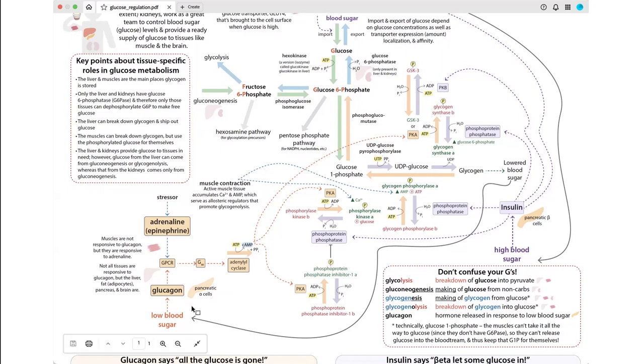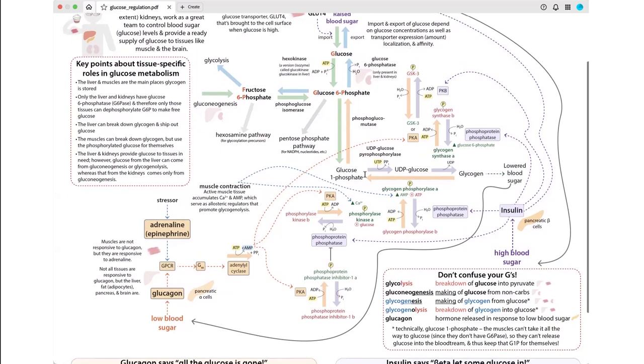This could be because we have low blood sugar and we get the glucagon signal in our liver, or in our muscle cells, we've got adrenaline, we want to move, all that good stuff. In both of these cases, we're going to want to break down glycogen, that is, do glycogenolysis. We're going to want to inhibit what we did before, so we want to inhibit our glycogen synthase, and we're going to want to activate glycogen phosphorylase, which is able to break down the glycogen to give us glucose 1-phosphate.